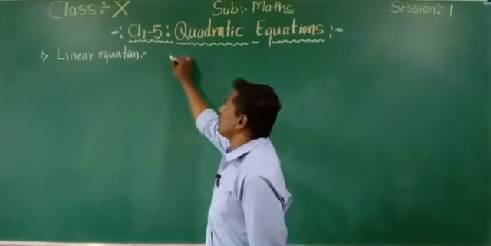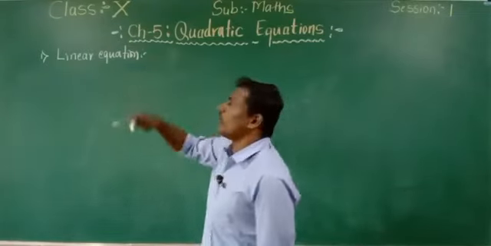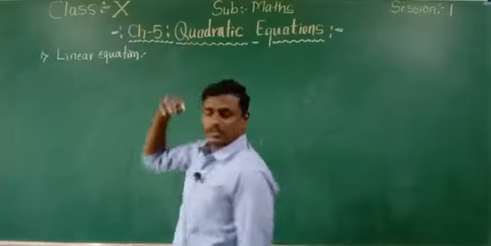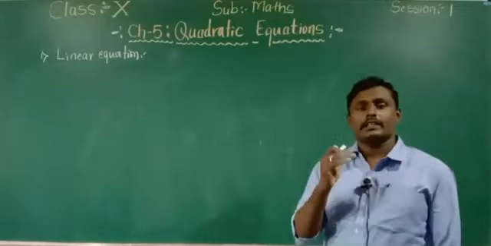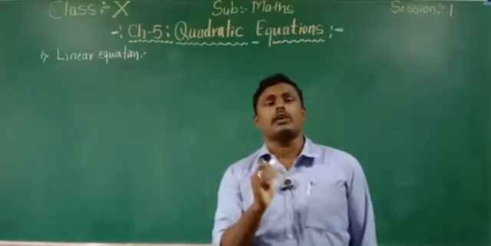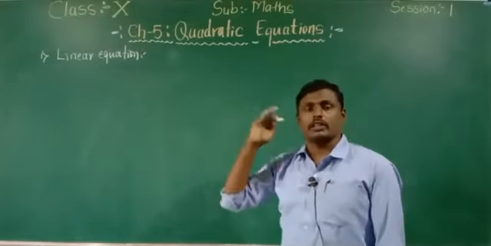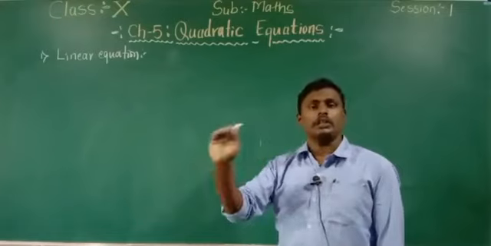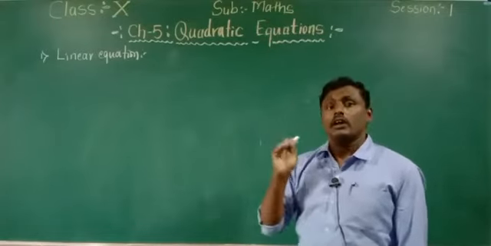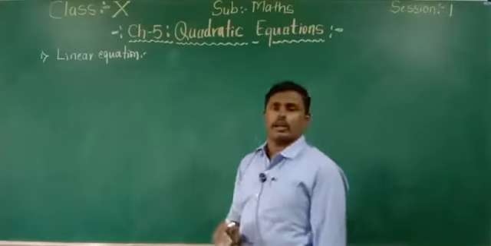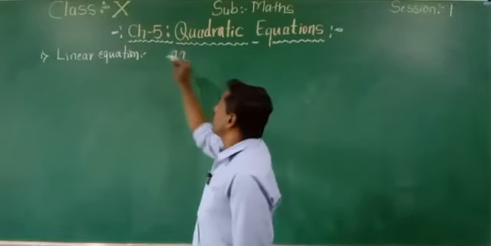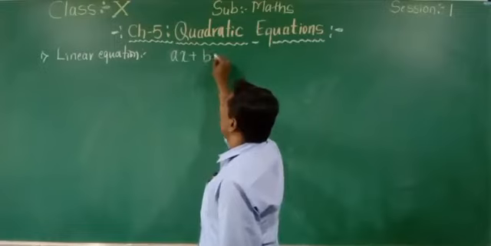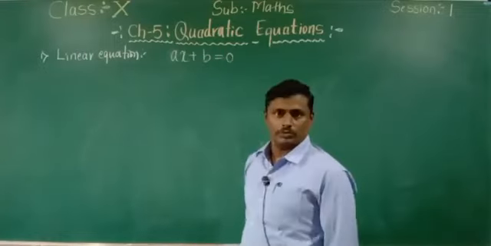For example, the standard form. Here we are taking some standard forms that indicate the exact existence of the equations, whether it may be a linear equation, quadratic equation, cubic equation or biquadratic equation. So the standard form of the linear equation is ax plus b is equal to 0.